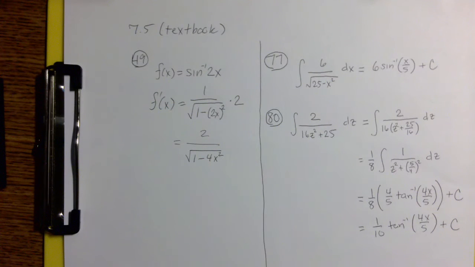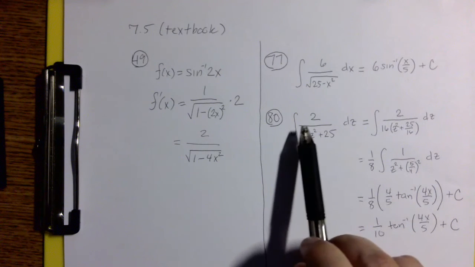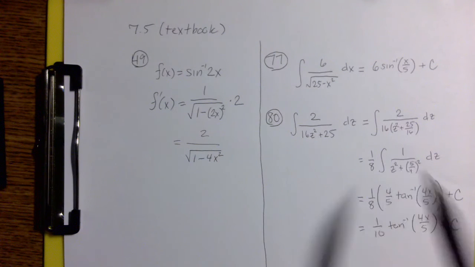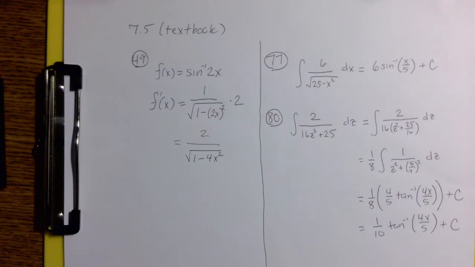Here's one more that uses the antiderivative rule involving the inverse tangent. Now here we need to do a little bit of work to get it in the form that we're looking for. Let me move ahead a couple steps and then we'll move back. We want something that looks like 1 over z squared plus a squared. That is the form associated with the inverse tangent in terms of these antiderivative rules.